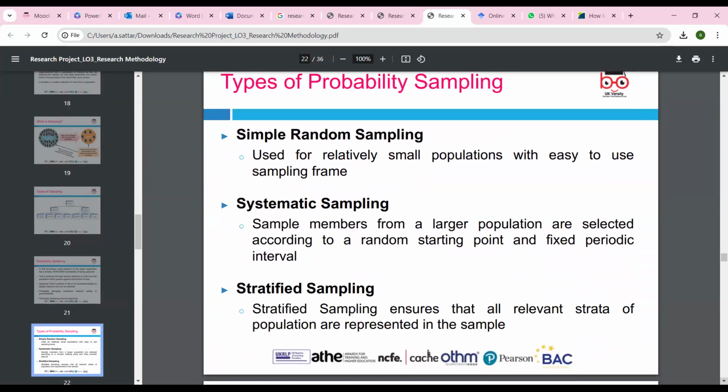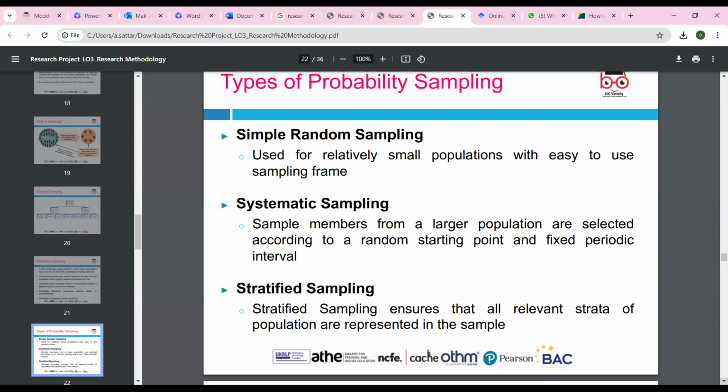Simple random sampling is used for a relatively small population with an easy-to-use sampling framework. In systematic sampling, sample members from the large population are selected according to a random starting point and a fixed periodic interval.